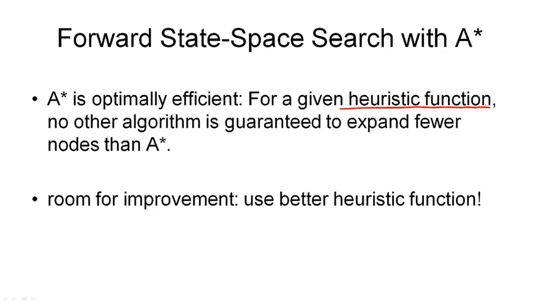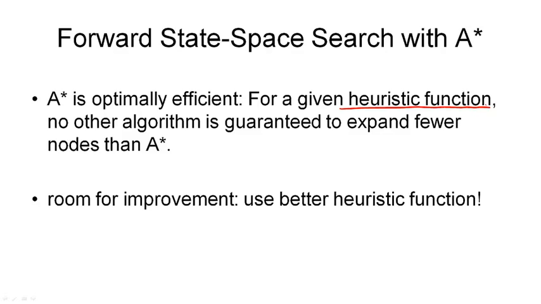And you may remember that I told you that A-star still uses exponential memory, so depending on the size of our problem, this algorithm may simply run out of memory, and we need to do something else then. So A-star is not the answer to all questions, but it is a very good algorithm for performing search.